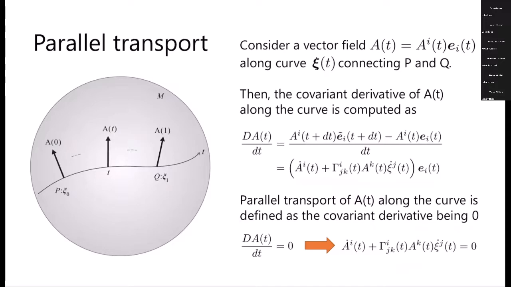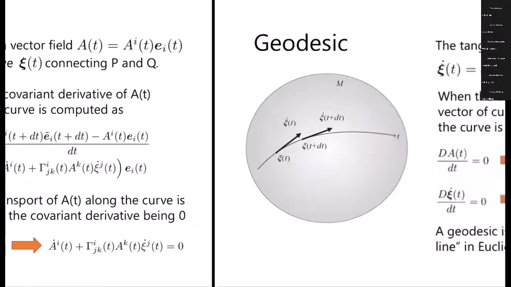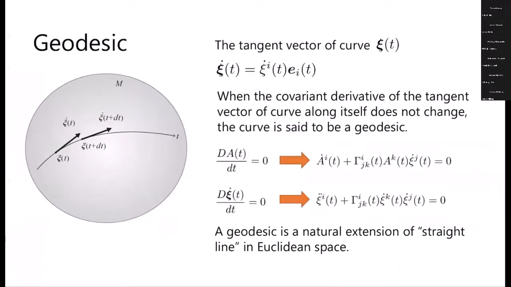And by using the concept of parallel transport, we can define the geodesic, which is an analog of a straight line in Euclidean space. In this case, we consider the tangent vector of the curve itself, Xi, which is just the derivative of Xi with respect to t, so Xi dot t.